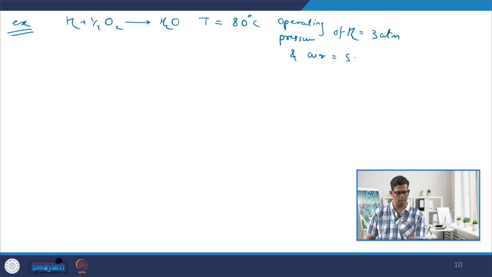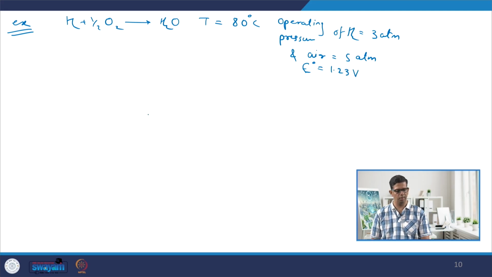Air is supplied at 5 atmosphere. So this becomes the pressure of hydrogen, this becomes the pressure of air, and as we have just found out in the last class, E naught, that is the reversible cell potential, is 1.23 volt.